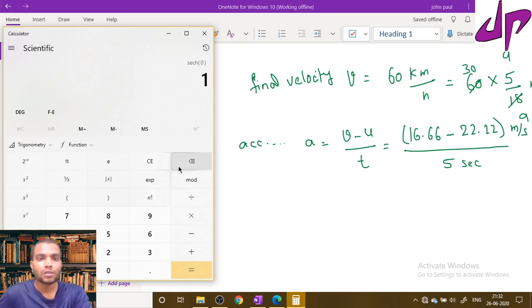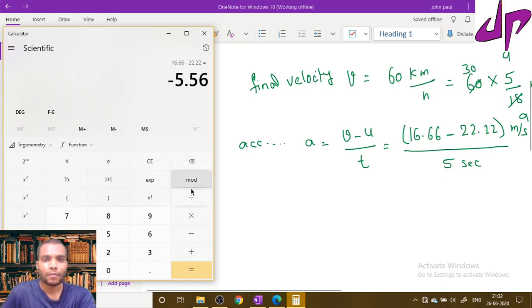If you use a calculator to solve, 16.66 minus 22.22 equal to minus 5.56, divided by 5.